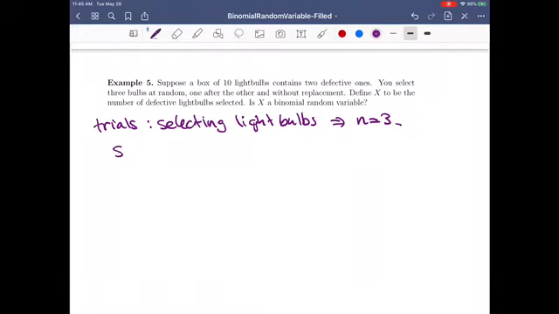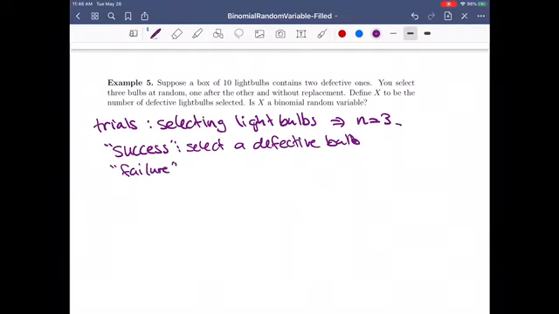On each trial, there's a success. So that means x is counting the number of defective light bulbs. So this success has to be select a defective bulb. Okay, so that means that failure is select a working one.